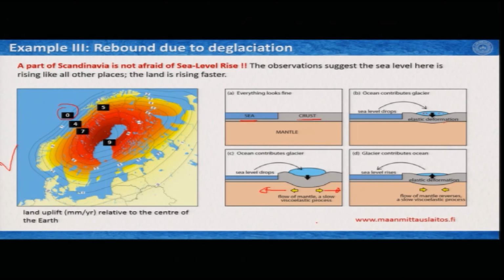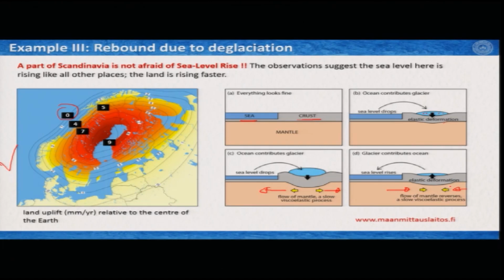Till this part it is fine, we had glaciers in Finland and Norway. But later, when the deglaciation started, the sea level rise happened, because the water from the glacier comes back to the sea. So, the elastic deformation that we had in the continental crust is now recovering the strain. It is coming back to its original position, and the mantle is also coming back to fill up the gap.